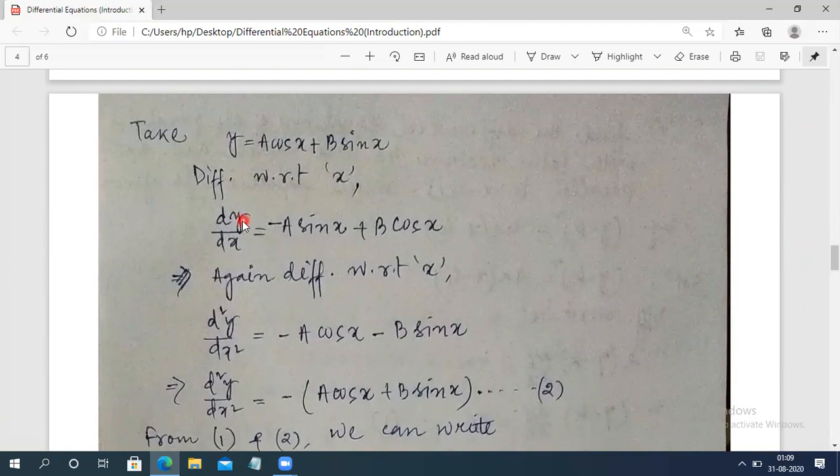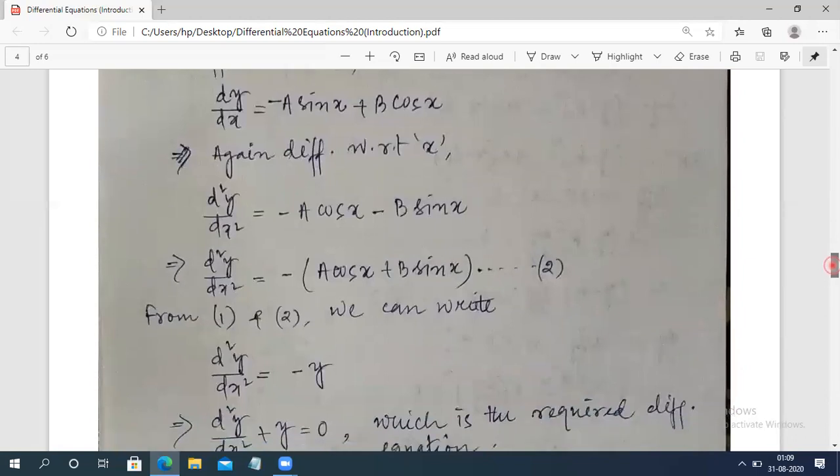So again we will differentiate this dy by dx. We will get d2y by dx square equal to minus a cos x minus b sin x. If we take the negative sign outside, it will be a cos x plus b sin x, and its value is nothing but y.